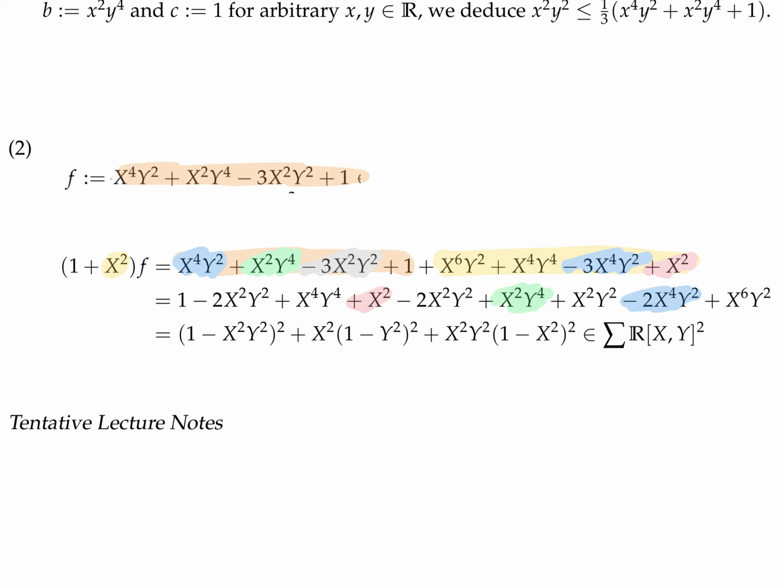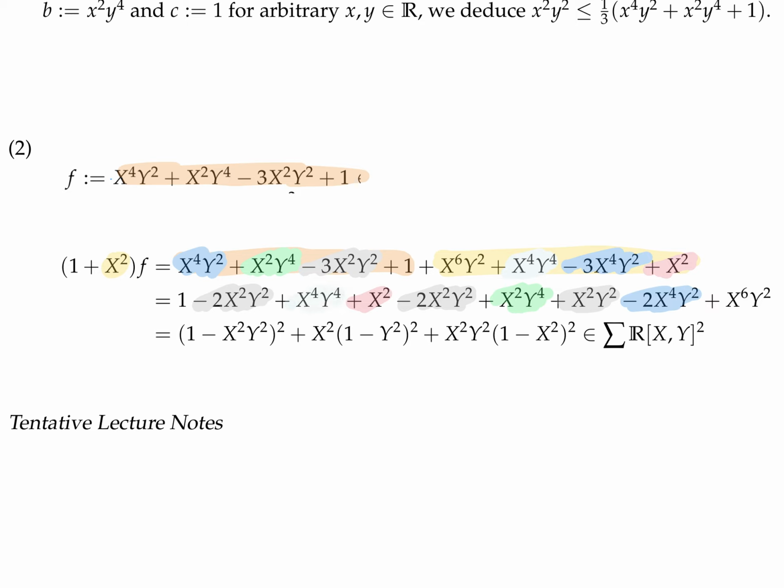Okay. So artificially I write this as this, and this. And then what is still missing is the x to the 4 y squared, y to the 4.